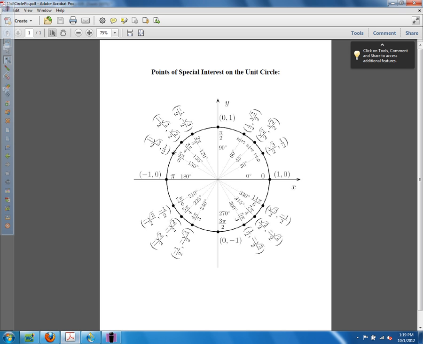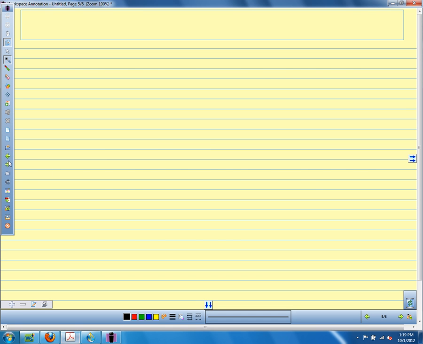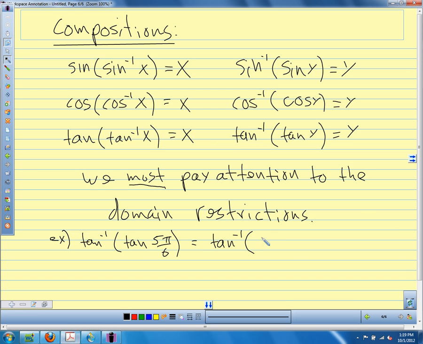The tangent of 5 pi over 6 is sine over cosine: 1/2 over negative square root of 3 over 2, which turns out to be negative square root of 3 over 3.